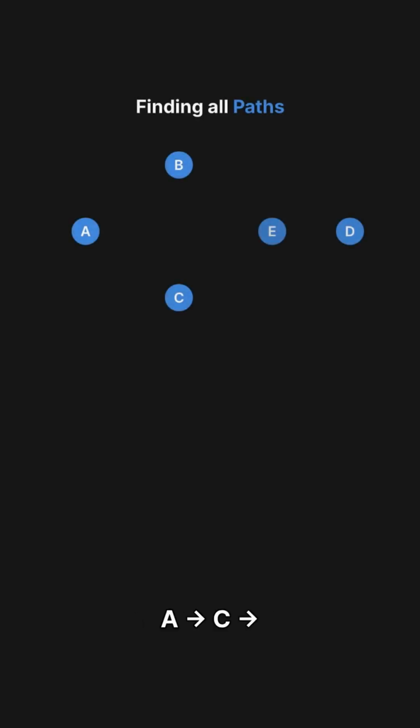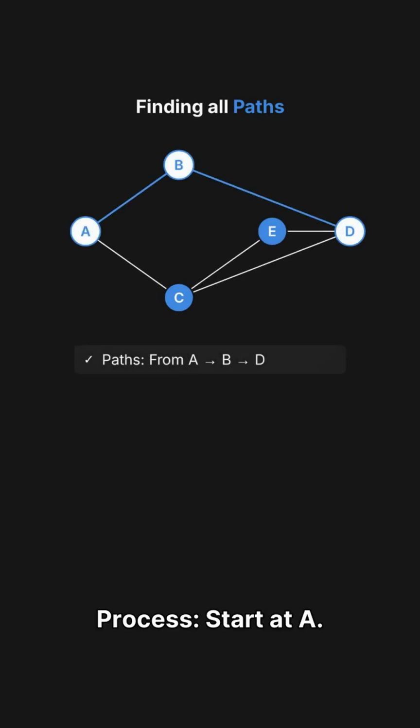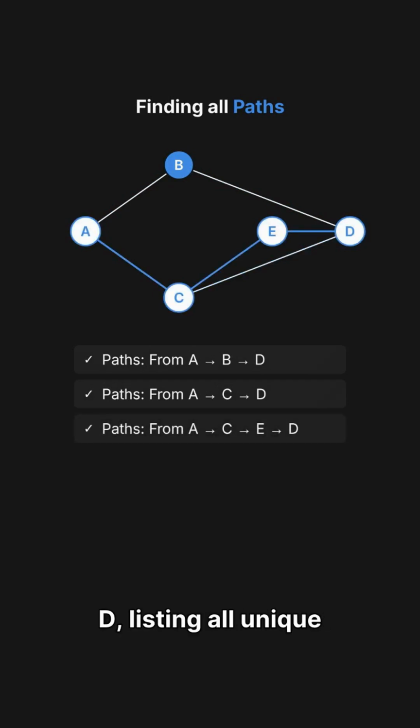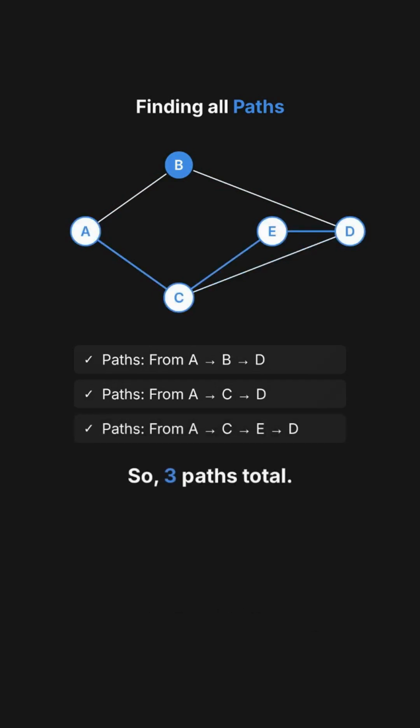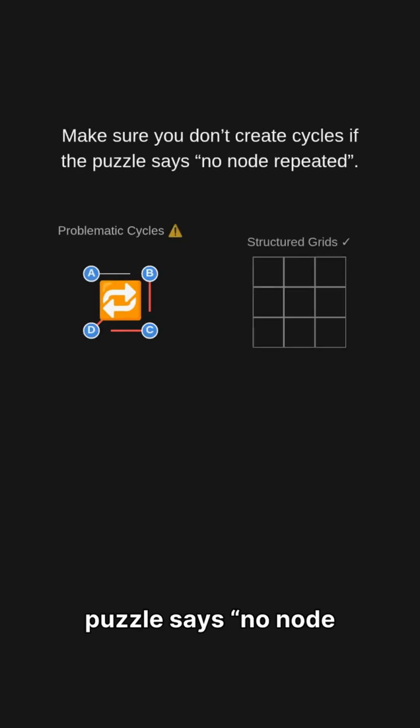C connects to D and E. E connects to D. We want paths from A to D. Paths: A, B, D; A, C, D; A, C, E, D. So 3 paths. Process: start at A. For each neighbor, walk forward until you hit D, listing all unique paths. Make sure you don't create cycles if the puzzle says no node repeated.